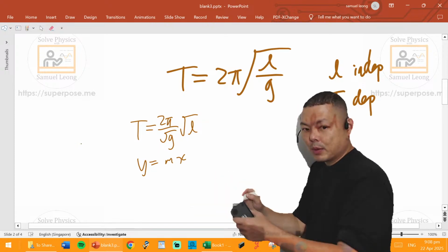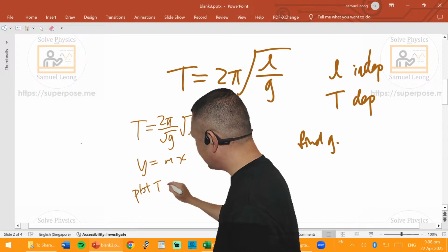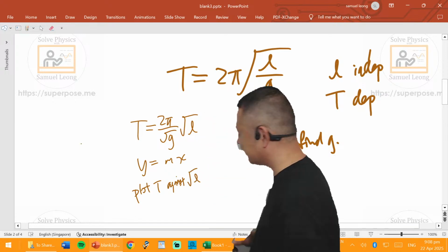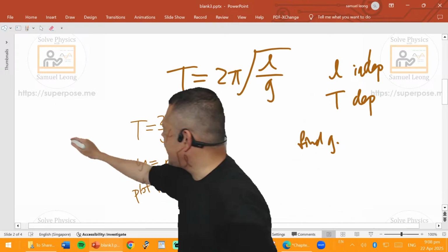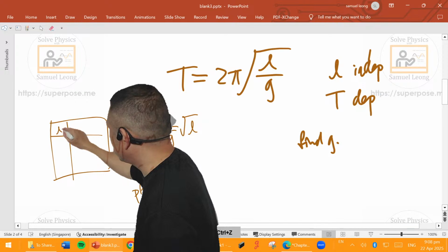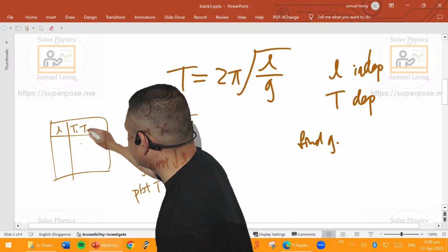So this is method number one. You plot T against square root of L. But you see, in your table, you would have collected L, and you would have collected T, that means you have T1, T2 some more, and then T average.